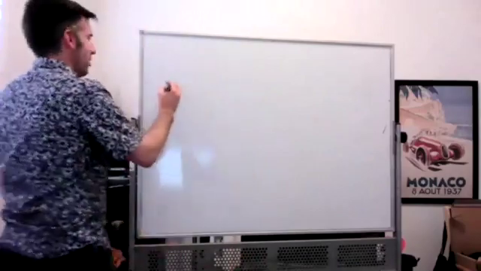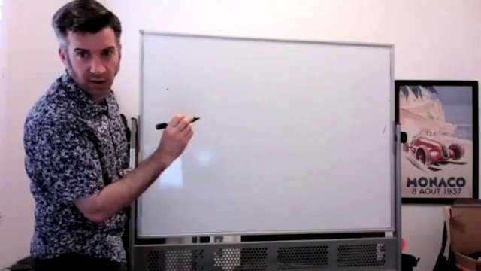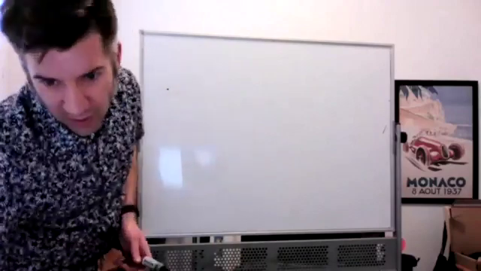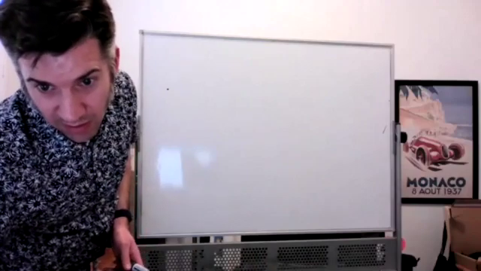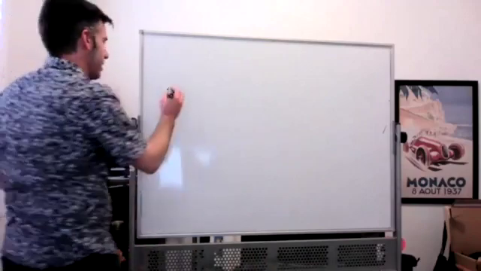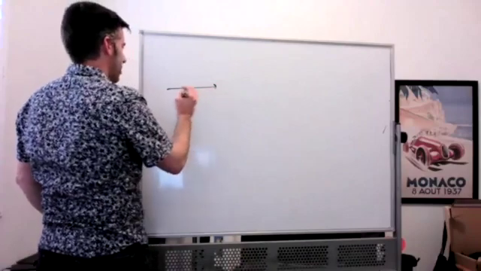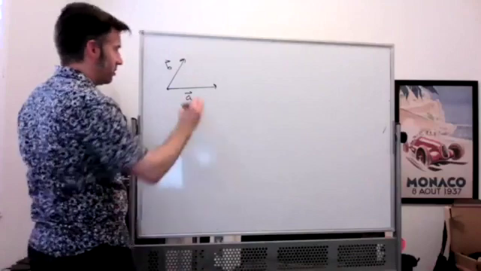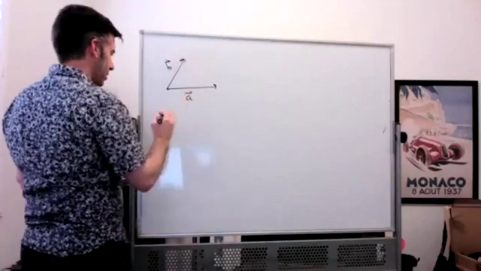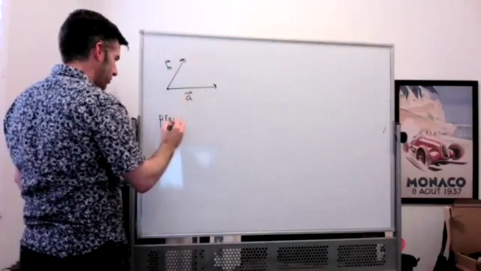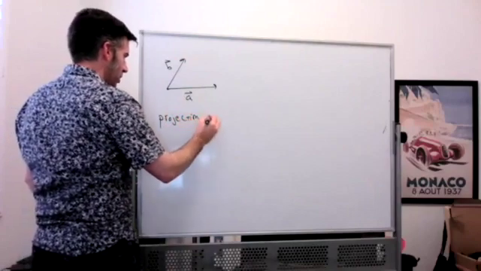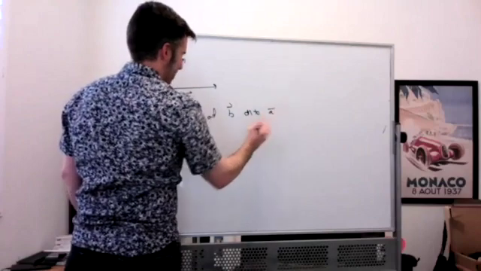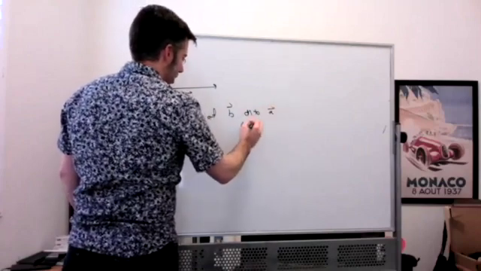So if this is my angle, this is my vector a, and this is my vector b. Just like she said, you're finding the projection of b onto a, or sometimes people say b along a.